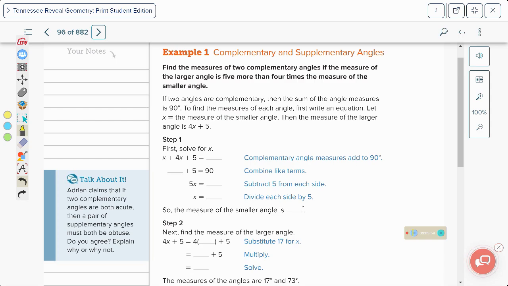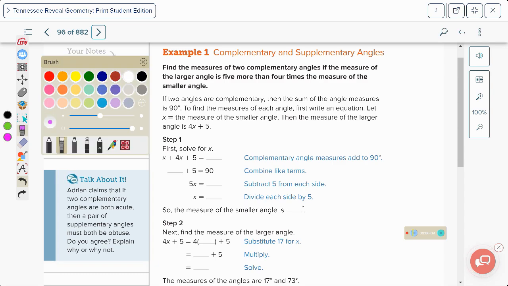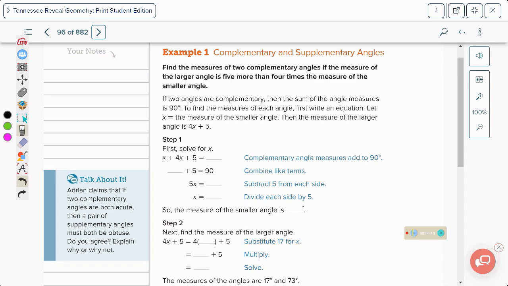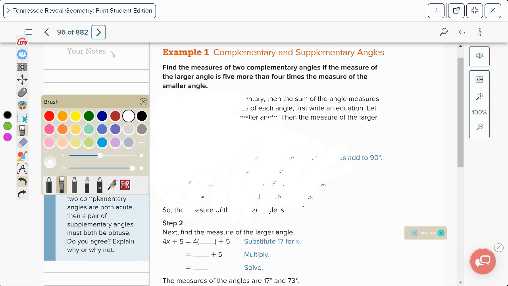So they have step-by-step laid out how to solve the problem, but to me, I don't really have much room to work with. So what I'm going to do, let's see, maybe I can paint. Okay, yes. I'm going to give me some space to work with here. Let's see.